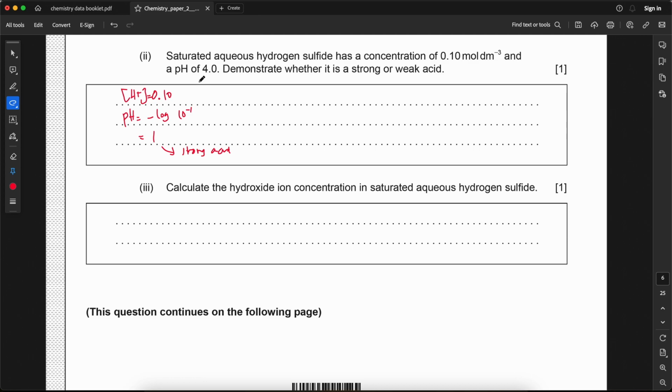But the pH is 4 with this concentration. Therefore, it is a weak acid as the pH is high.